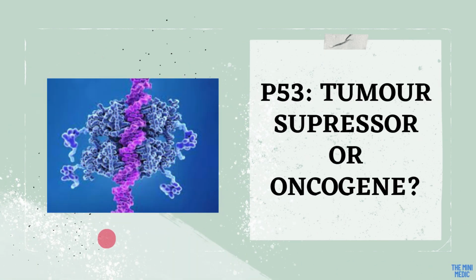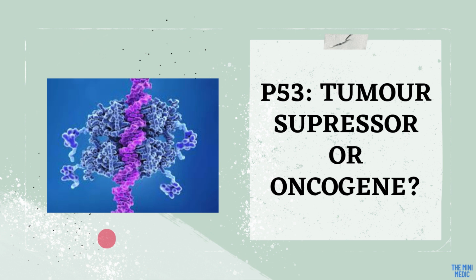So the curious thing about p53 is that if you look it up in the literature or even do a quick internet search on it, it will normally come up as being a tumor suppressor gene, meaning that activation of p53 and expression of the p53 protein leads to the suppression of malignantly growing cells.